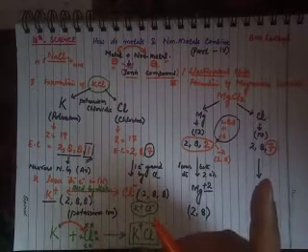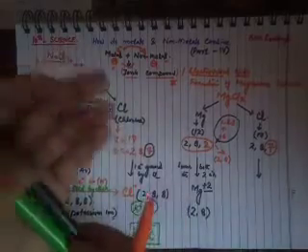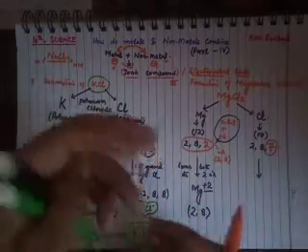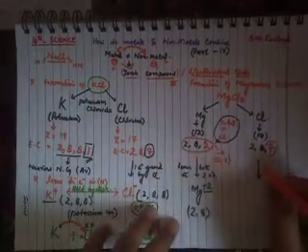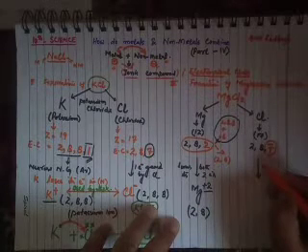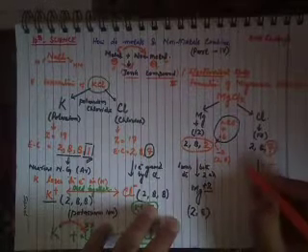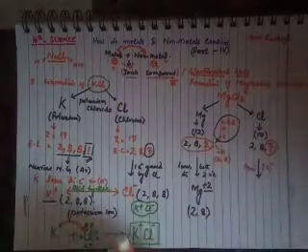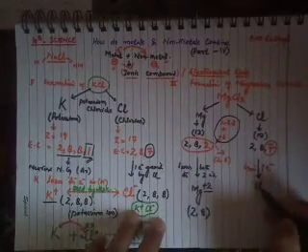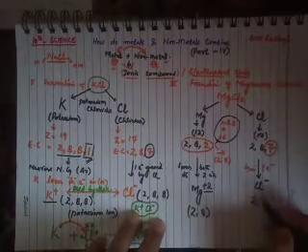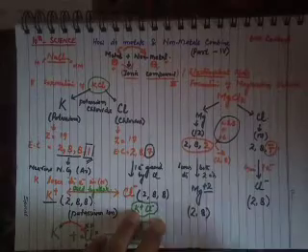So it is important to understand, to remain cautious here. It will gain 1 electron and form Cl negative, and the configuration is 2, 8.